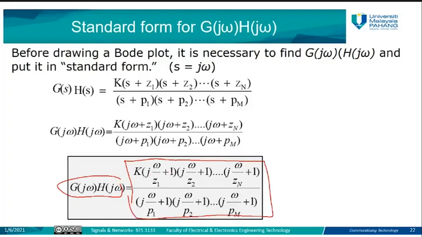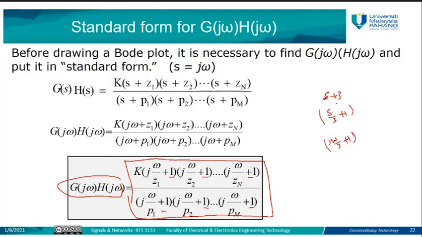Such a form means what? You can see here, all plus 1, 1, 1, 1, 1, 1. If you have s plus 3, don't leave it as s plus 3. First you need to make it s over 3 plus 1. Then represent s by omega, so it will be omega over 3 plus 1, or j omega over 3 plus 1.